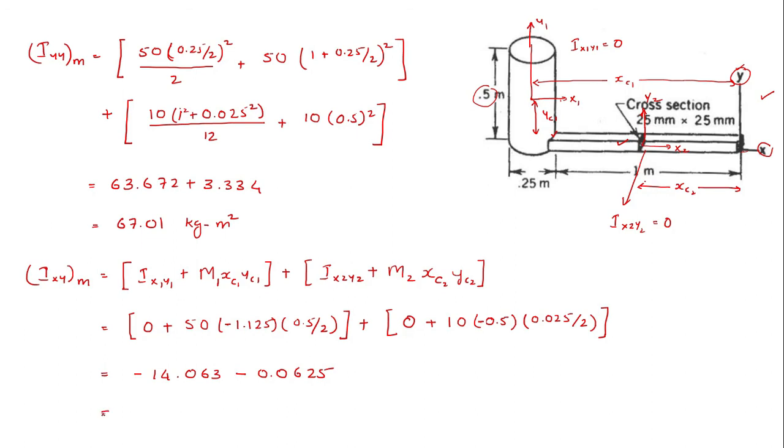So as such you will get this as minus 14.125 kilogram meter square. Okay. So this is the product of inertia for this corresponding solid.